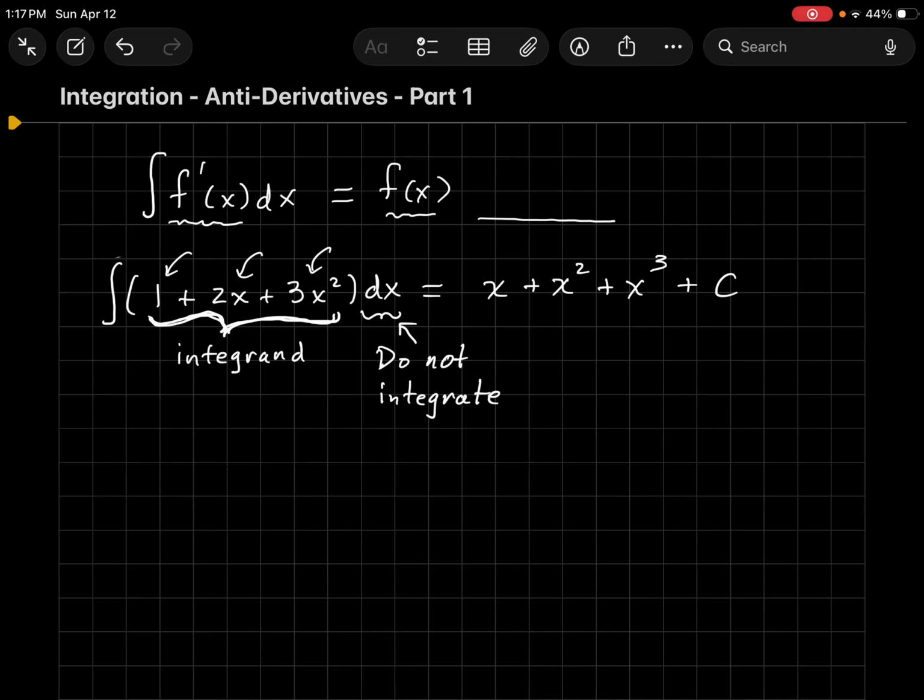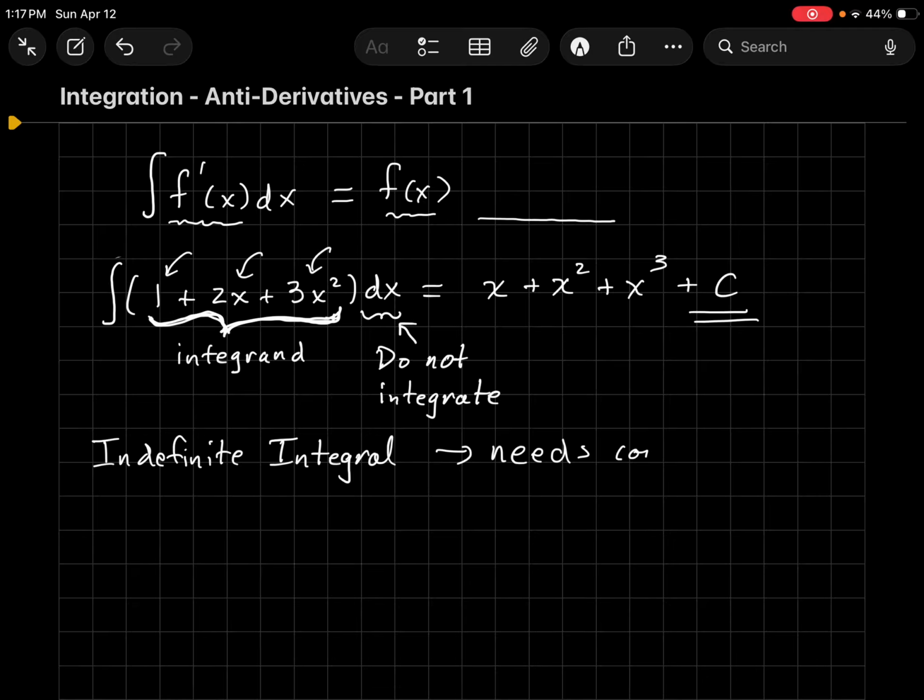So just because we don't put a 0 here in the integrand, meaning there might have been a function or a constant part of the function whose derivative is 0, simply implies that anytime we're doing what's called an indefinite integral, an integral without limits, we need to put down a constant of integration. Where the constant of integration is this c value, or this plus c that we put there.